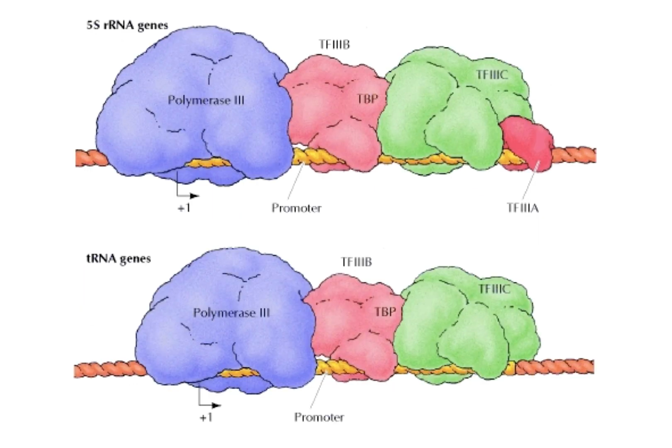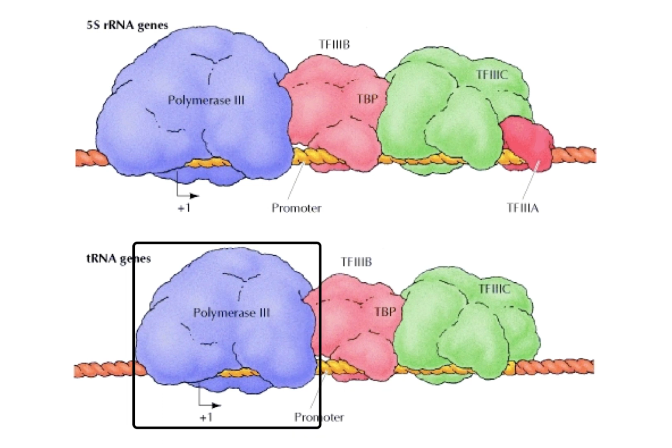And here's an artist's rendition of transcription of the tRNAs and 5S ribosomal RNAs. The tRNAs then have this transcription factor 3C that attaches to the A and B boxes of the gene, and then the transcription factor 3B that contains the TBP, TATA binding protein, and finally RNA polymerase 3 attaches and starts transcription.